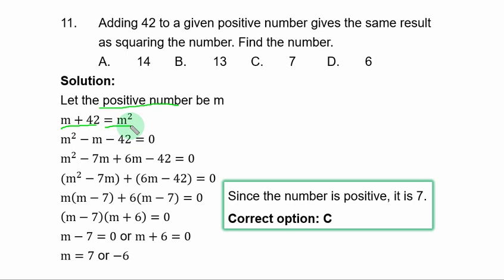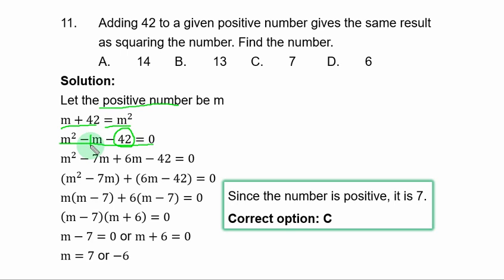For us to solve, any of the sides needs to be 0. So let's transfer m plus 42 to the right hand side, so that you have m squared minus m minus 42 equal to 0. To factorize, look for two factors of 42 whose sum is minus 1, the coefficient of m, and the product is minus 42.